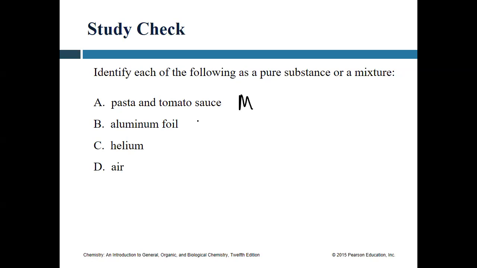It's a pure substance. We can pretty safely assume that aluminum foil is all aluminum. Helium. Also a pure substance. This is elemental. Air. Also a mixture, and this one would be an example of a homogeneous mixture. I can look through the air here and, unless there are colored gases in there, I'm not going to be able to distinguish one gas from another.